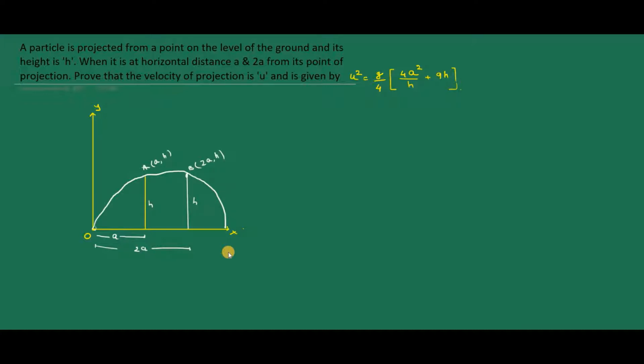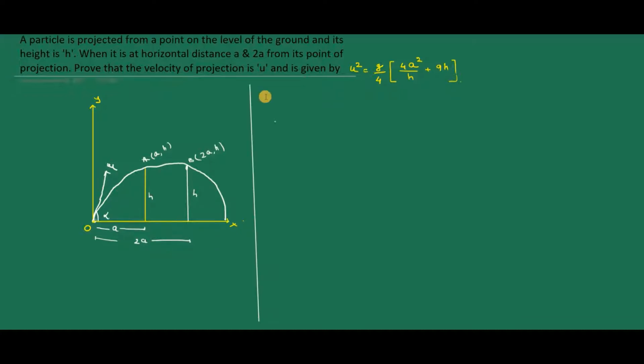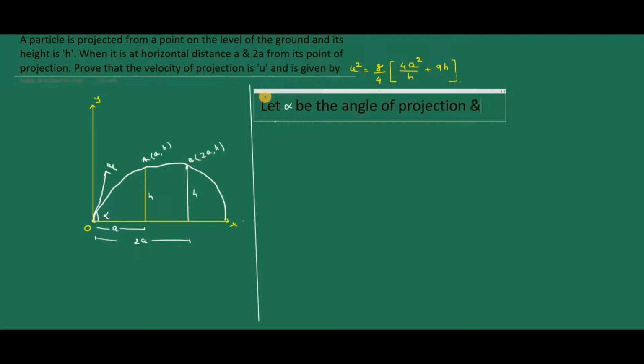Now this is a velocity u. Let alpha be the angle of projection and O be the point of projection.